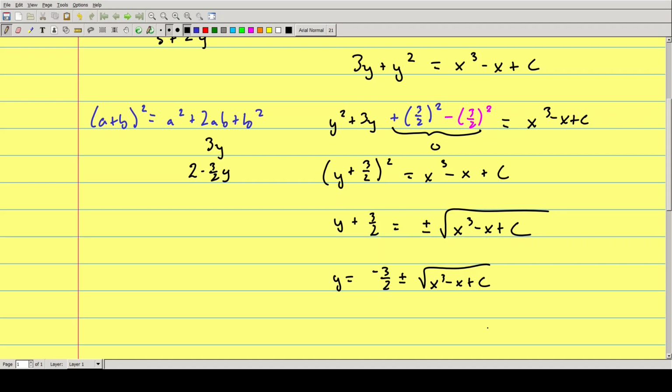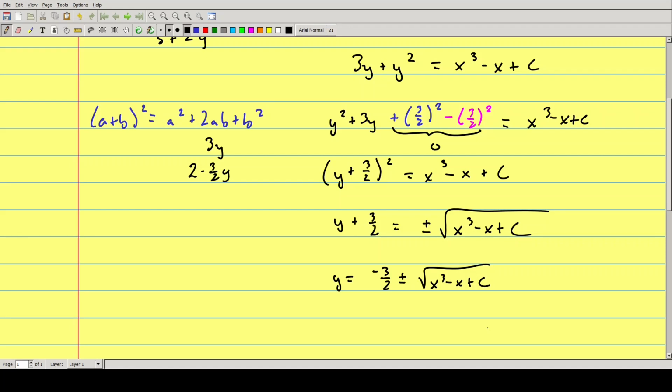There's a plus or minus in the equation because we had to take the square root of both sides to get y out from underneath the square quantity. And whether it's plus or minus will be determined by any initial conditions that we apply to the problem.